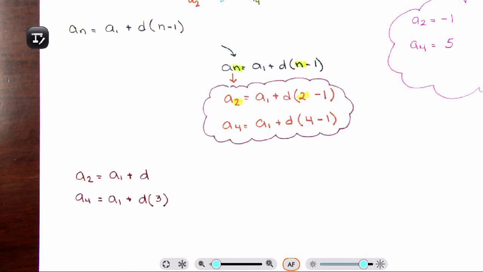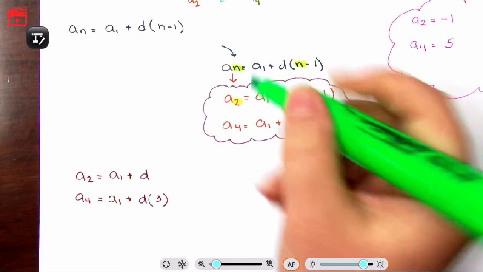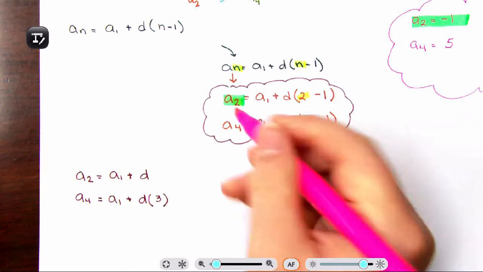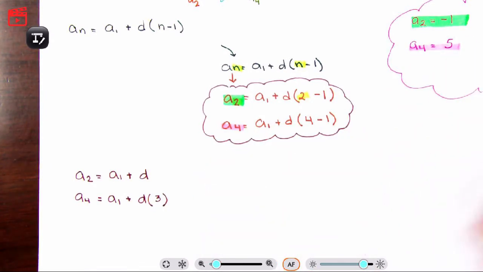Now, I really, truly hope some of you are screaming at me right now because you need to know that we know more information. We know what a sub 2 is. We already know that information. A sub 2 is -1. We already know what a sub 4 is. A sub 4 is 5.